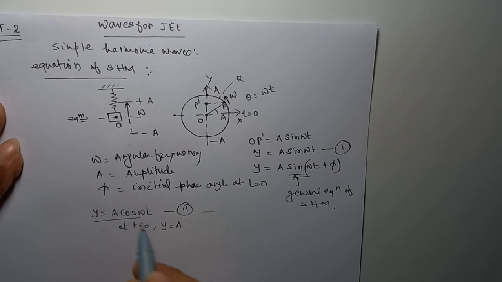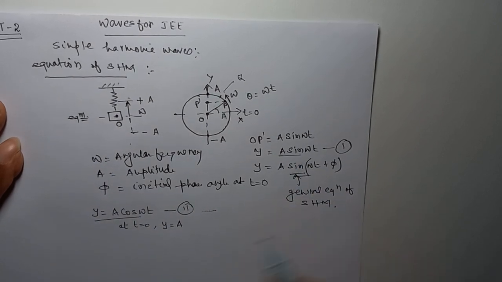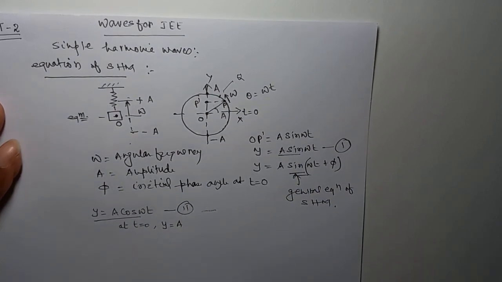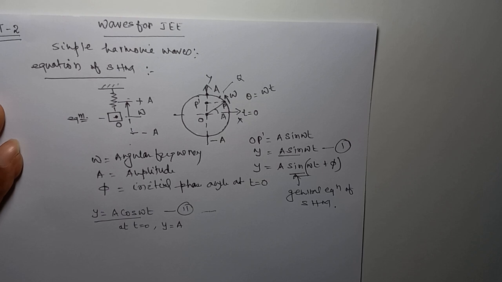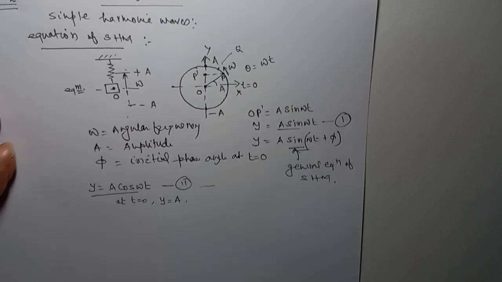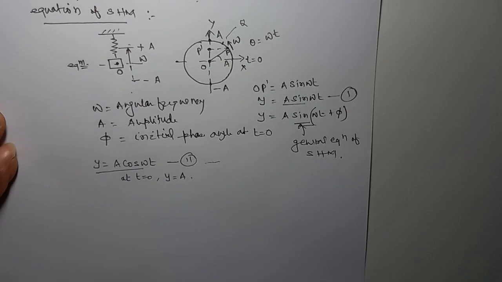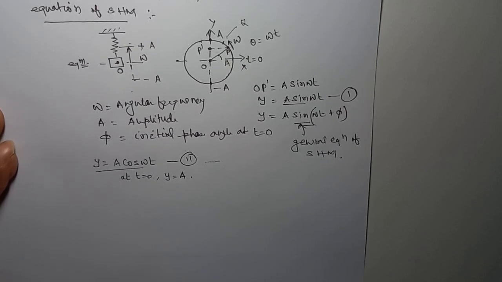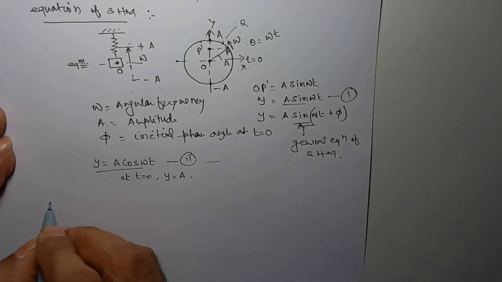So both the forms, as we have studied, represent the equation of simple harmonic motion. After this basic knowledge of simple harmonic motion, we'll proceed to simple harmonic waves.